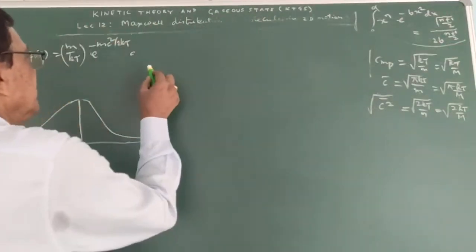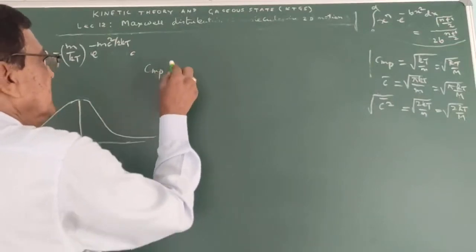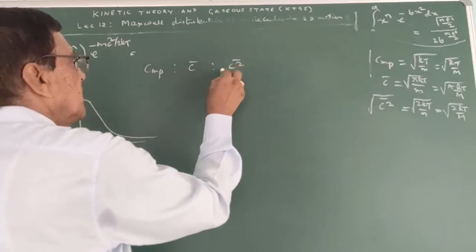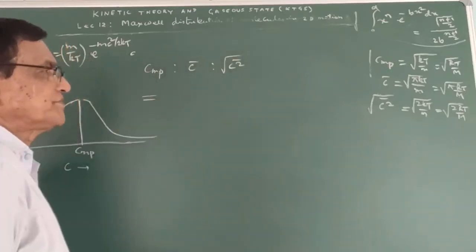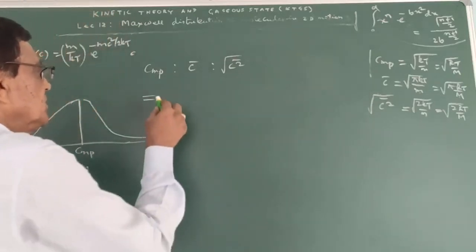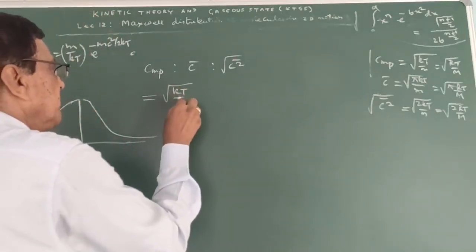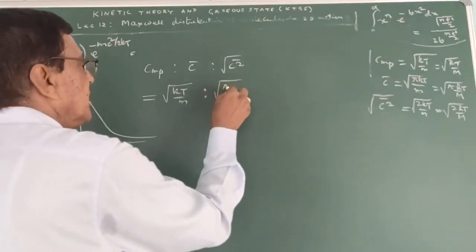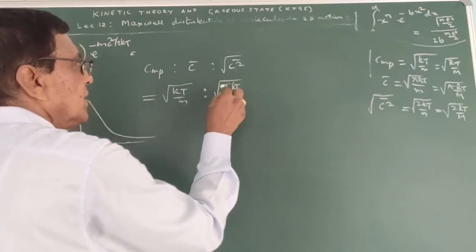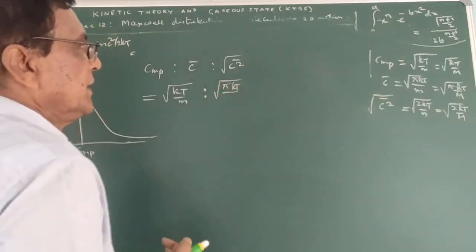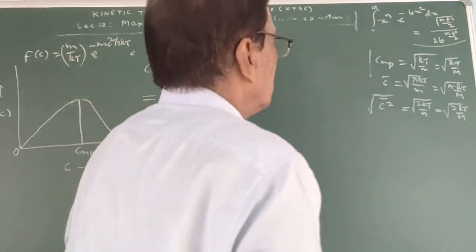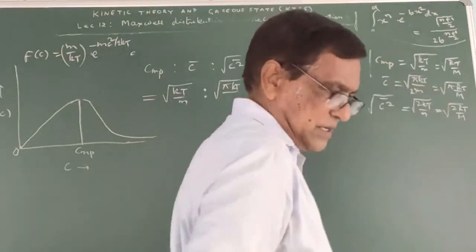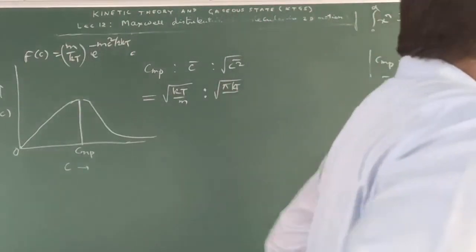If we compare here, C_MP is to C bar is to root over c square bar, this one equals root over of 2kT by m is to root over of 8kT by pi m is to root over of 3kT by m.